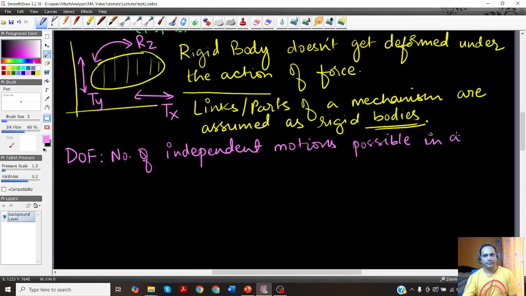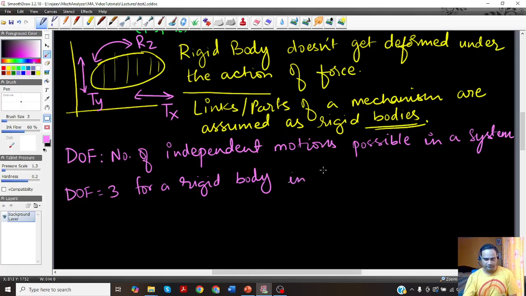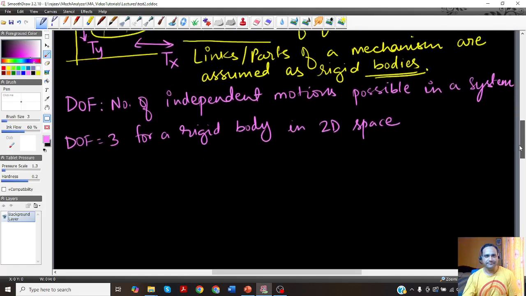So that means degree of freedom is 3 for a rigid body in 2D space. Okay, I hope this part is somewhat clear.